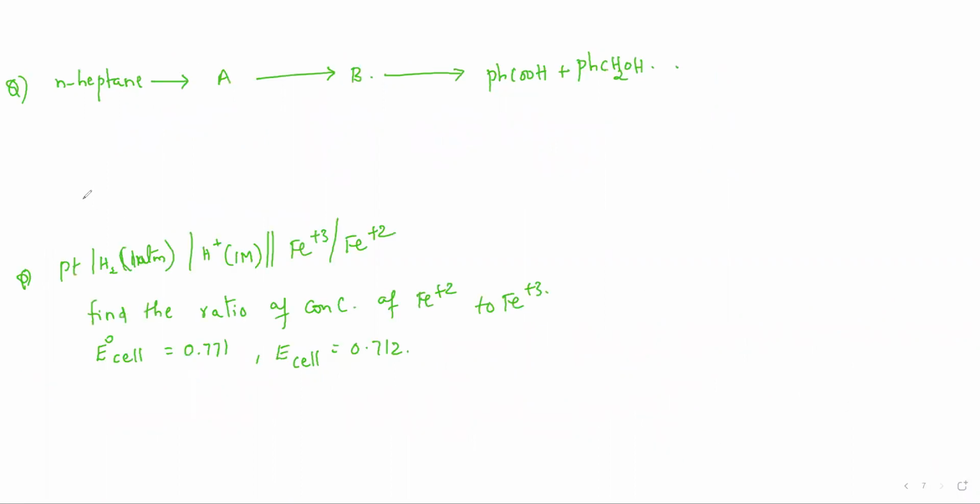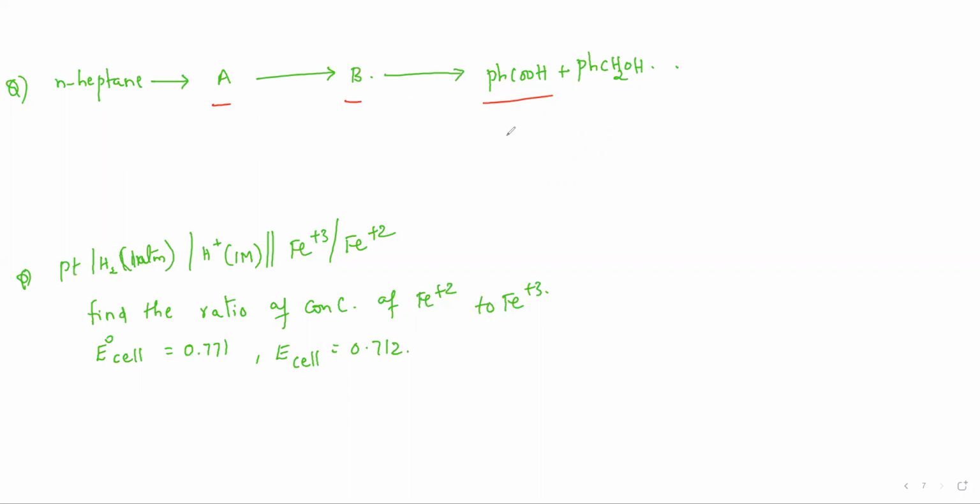So coming to the next one, n-heptane, identify A and B among the following. The question is, n-heptane is converted into A, which is also converted into B. The options have all the reagents, and they asked for the series of reagents suitable for this conversion.